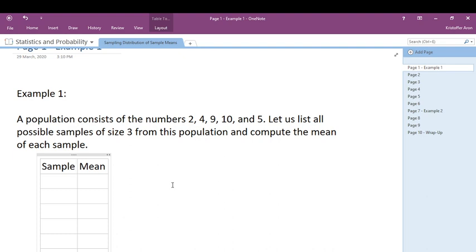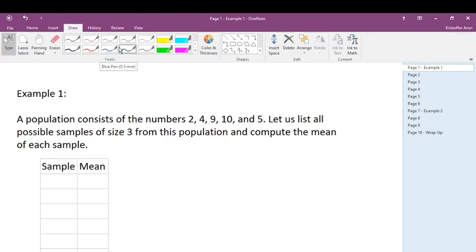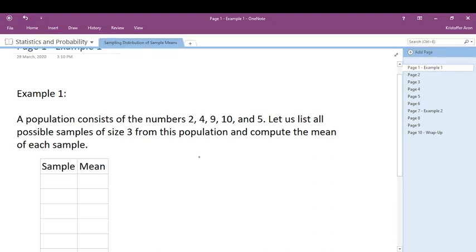As you can see in our example here, we have 2, 4, 9, 10, and 5. So the population consists of 5 numbers, so our capital N is equal to 5, and our sampling size is only 3, so small letter n is 3.